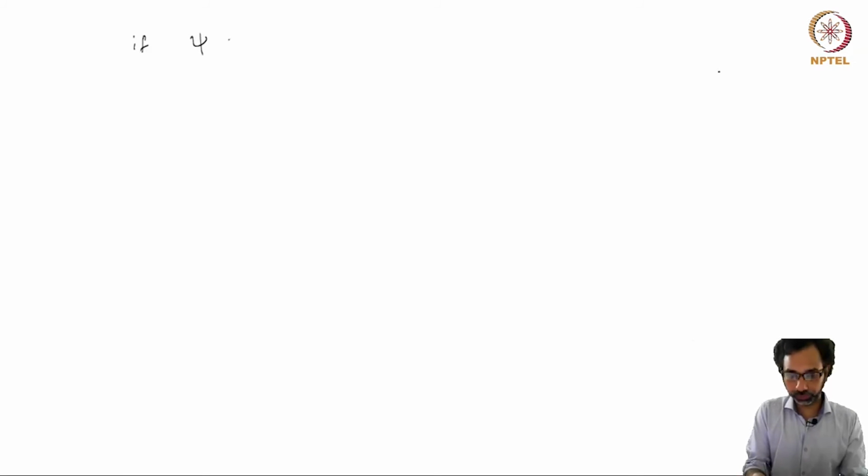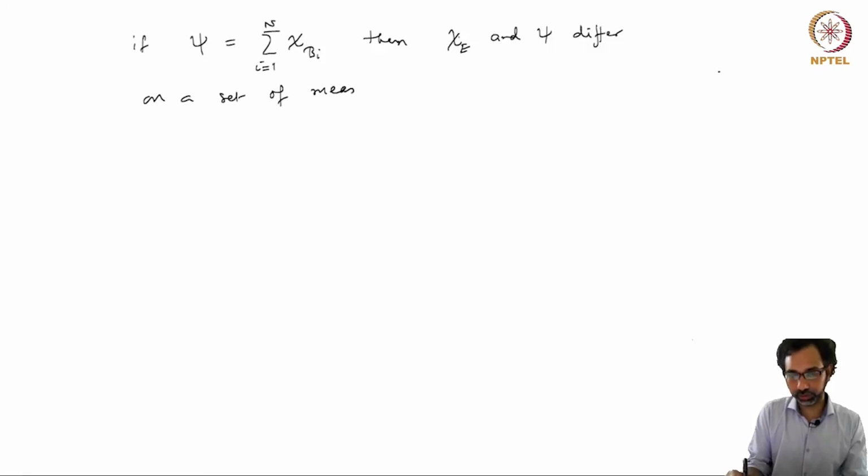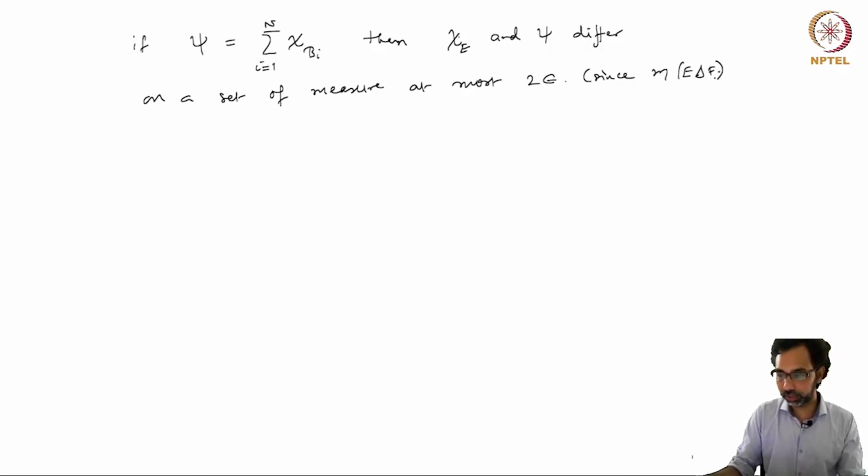Now if we let C be the sum i equal to 1 to n of chi of Bi, then chi E and C differ on a set of measure at most 2 epsilon, since this set where they differ is precisely E delta F, which has measure less than or equal to 2 epsilon.